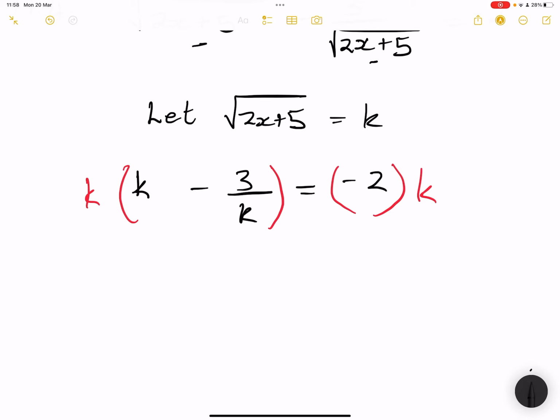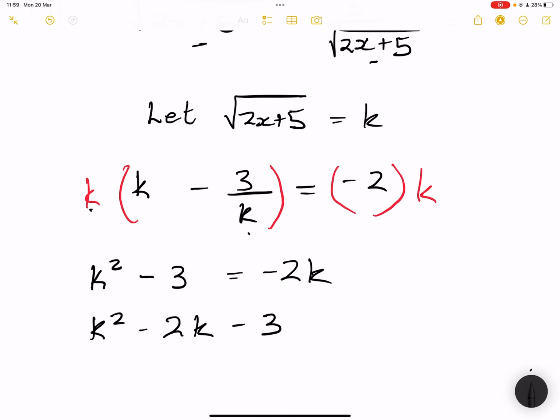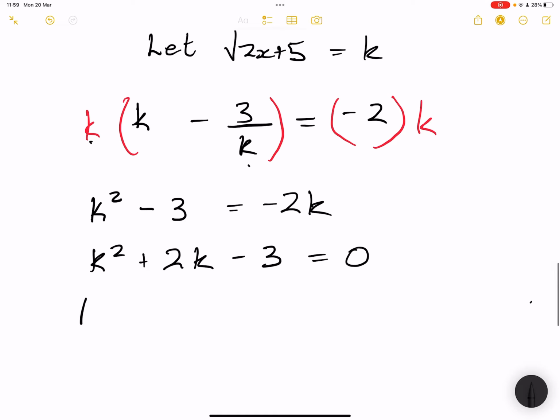Okay, so what do we have? K times k, that's going to be k squared. K times negative 3 over k, that would be negative 3 because the k's cancel, which is equal to negative 2k. Right, so we've got k squared plus 2k minus 3, which is equal to 0.